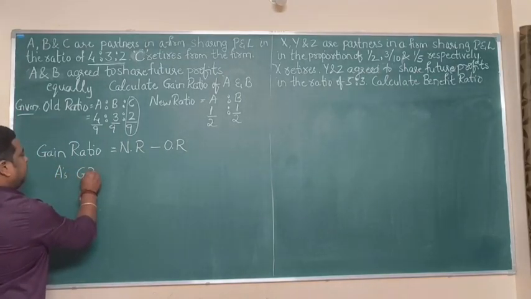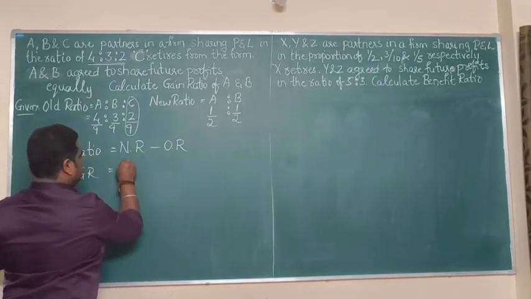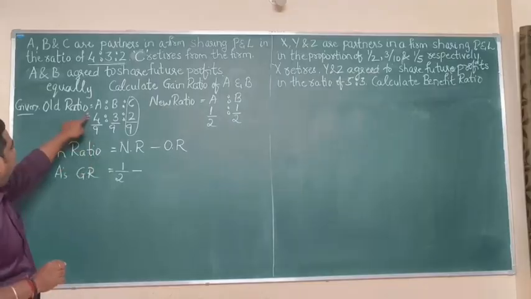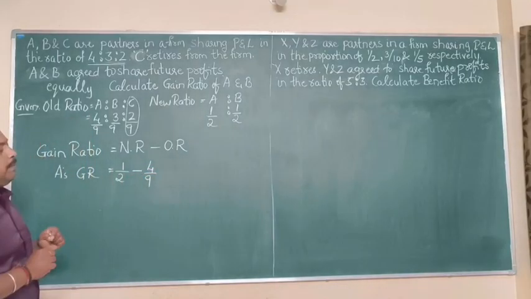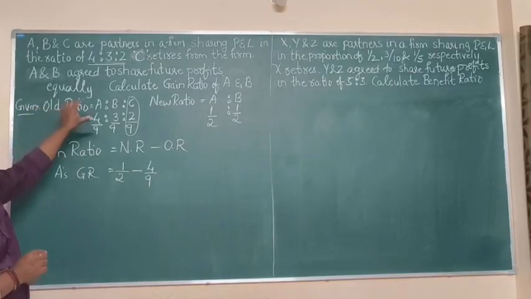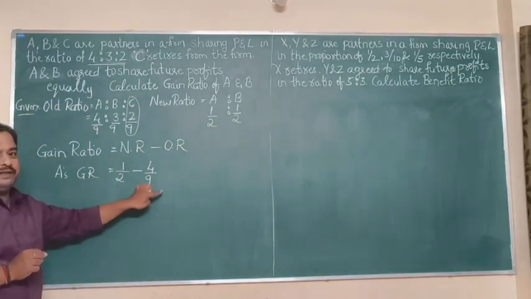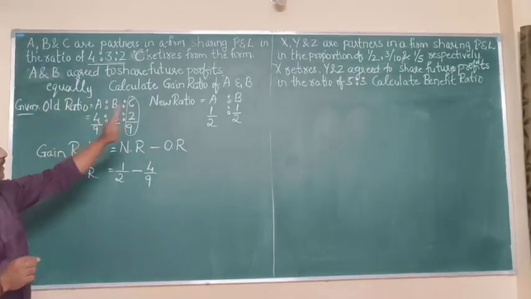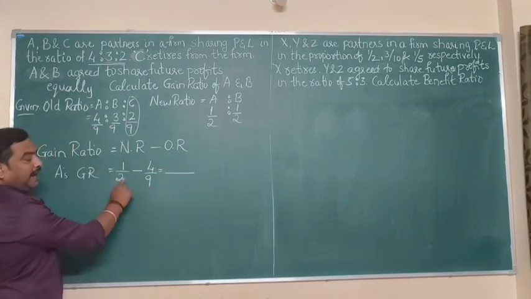A's gain ratio is equal to, what is A's new ratio? 1/2 minus, what is A's old ratio? 4/9. If you write the old ratio and new ratio clearly first, it will be very easy to put in the figures. Write what is given initially. 2 and 9 are completely different.